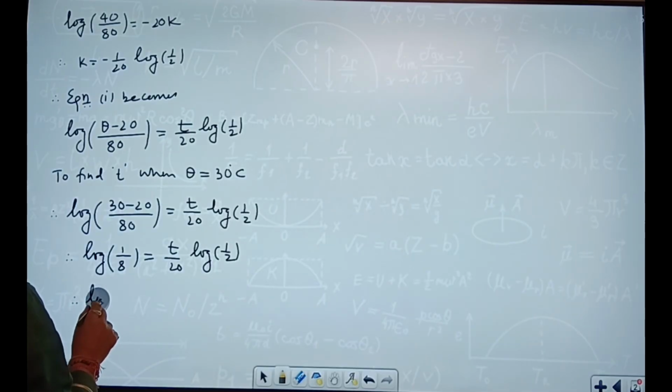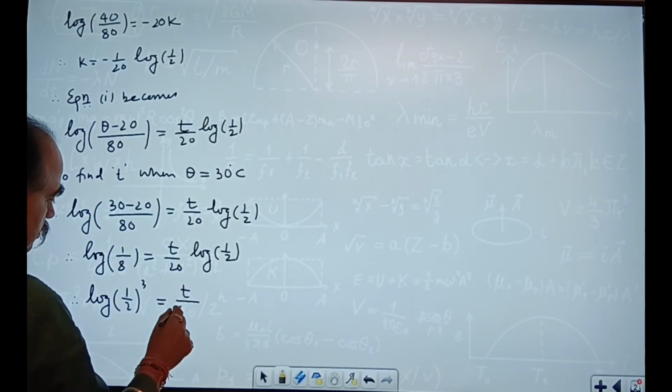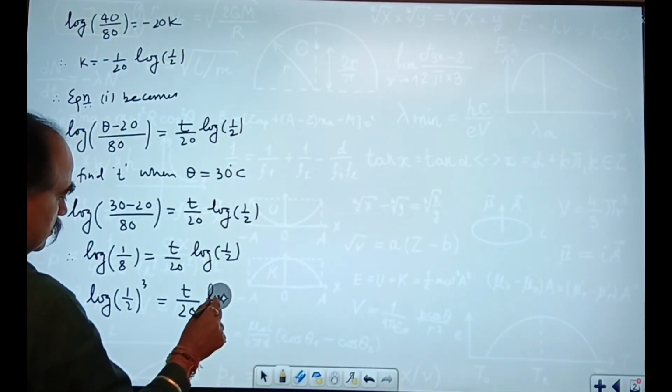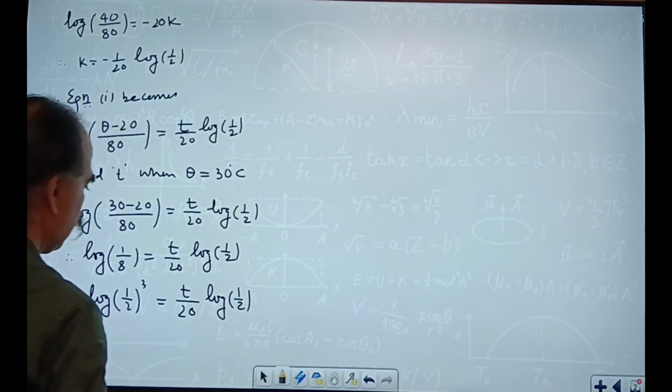This is log 1 by 2 cube equals t by 20 log 1 by 2.